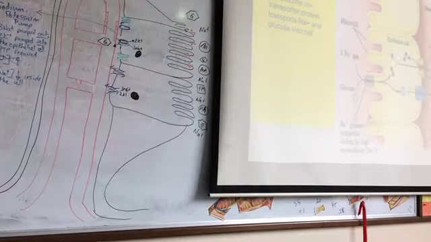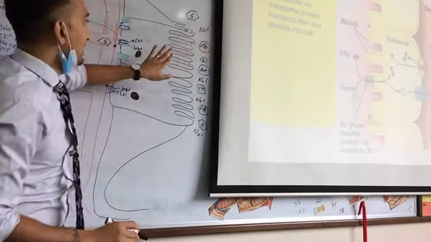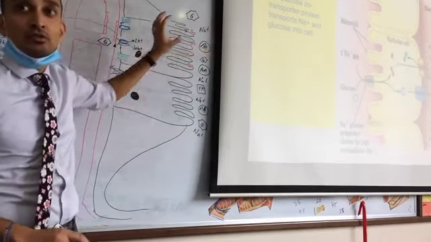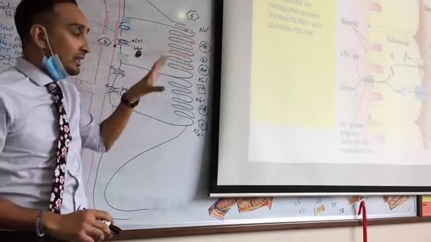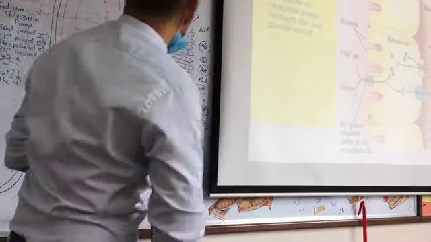Now that you have a high to low gradient of sodium into the cell, we're going to use that gradient to power the entry of glucose. In order for that to happen, we need this red thing.